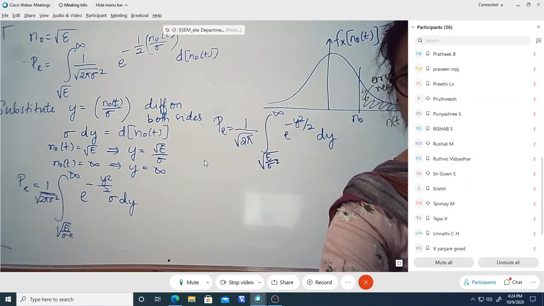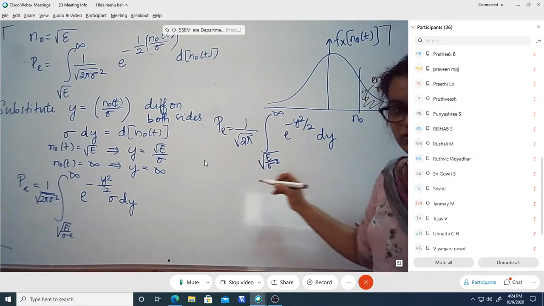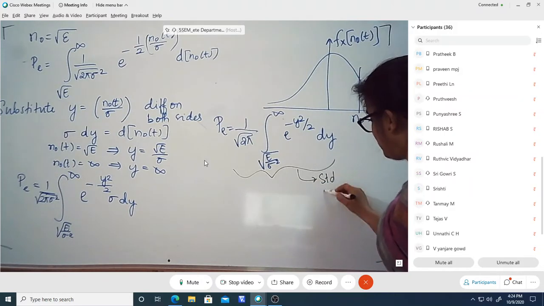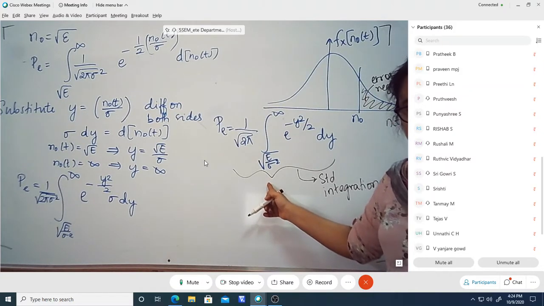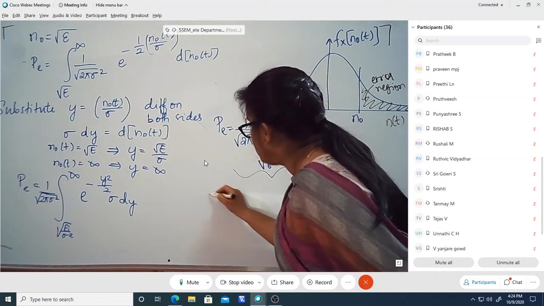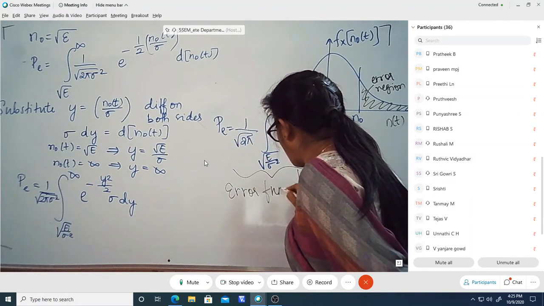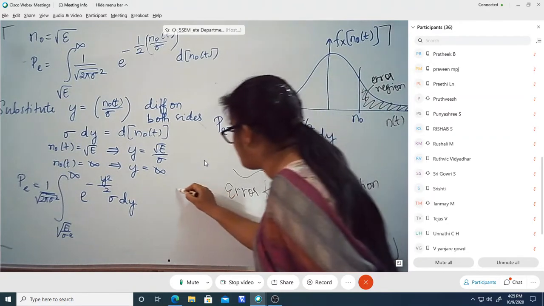Where we are going to compare with the standard expression. This entire expression is a standard integration. This equation is what we call the error function, or it is also called the complementary error function.